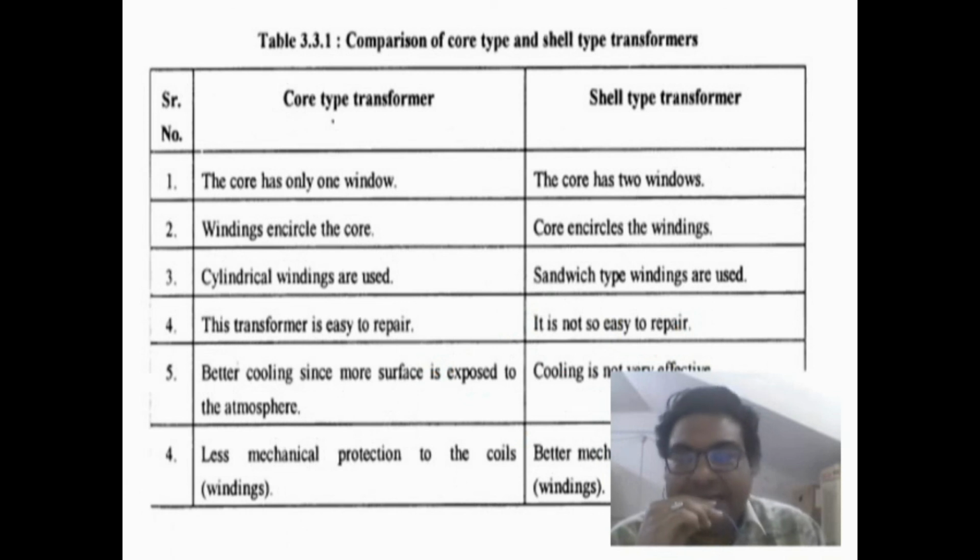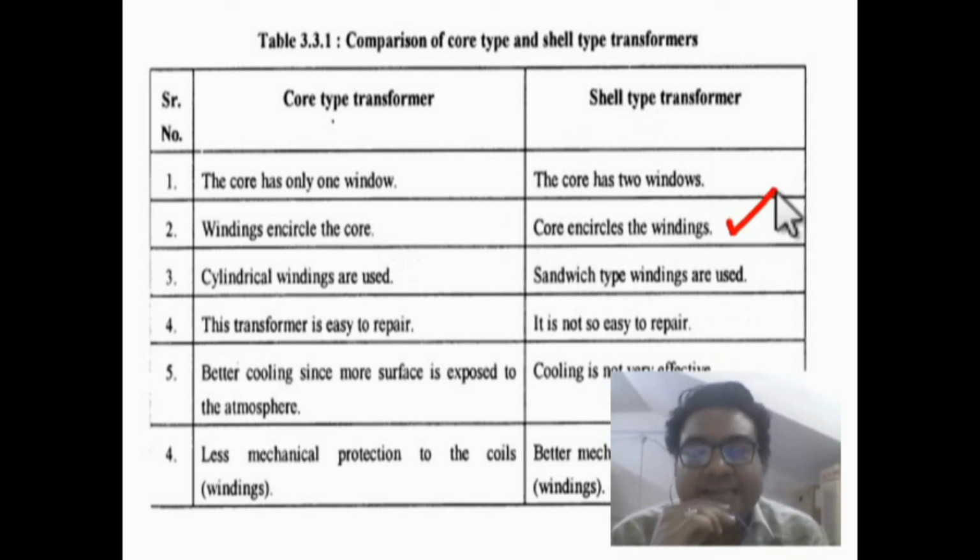And then guys, the second difference: windings encircle the core. In a core type transformer, 90% of the windings are visible, but only 10% of the iron core is visible, so cooling of the windings is easier. But in a shell type transformer, the core encircles the windings.